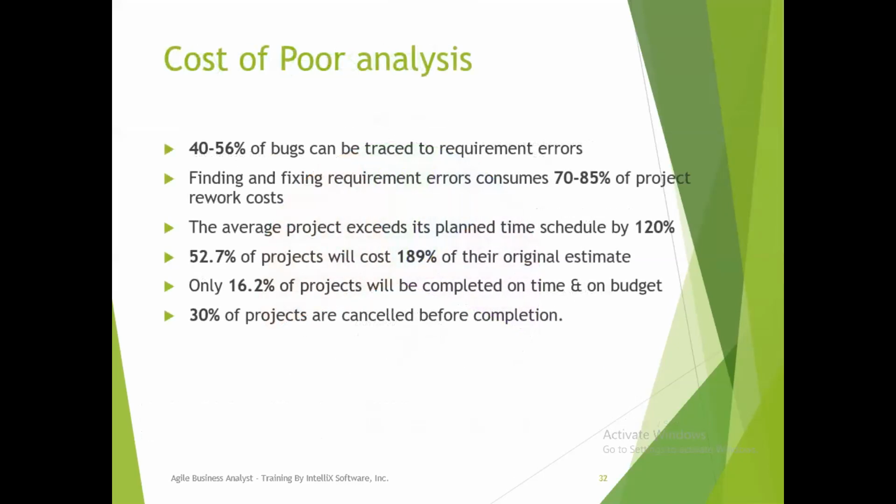Okay. Here's the cost of poor analysis. That one was a failure. This one is where the project was still successful, but it cost way more. Look at that. About 50% of the problems found in software you can trace to requirement errors. 70 to 85% of project rework cost is because of requirement errors.